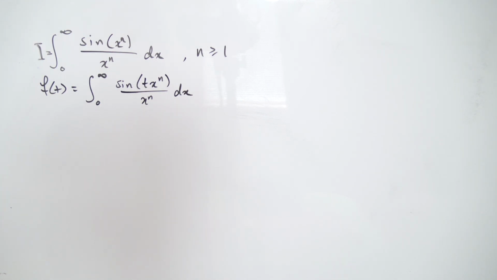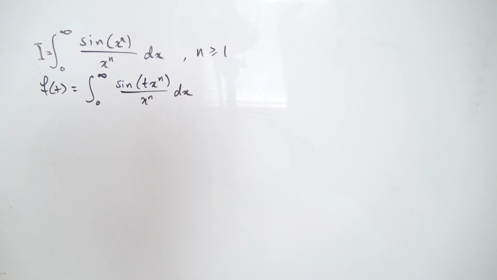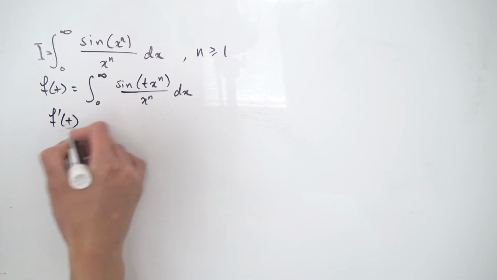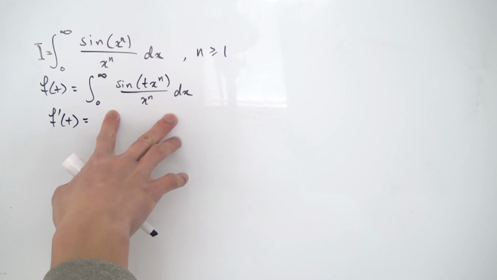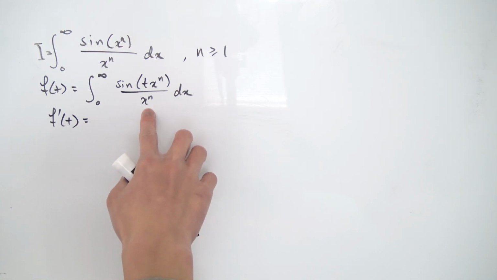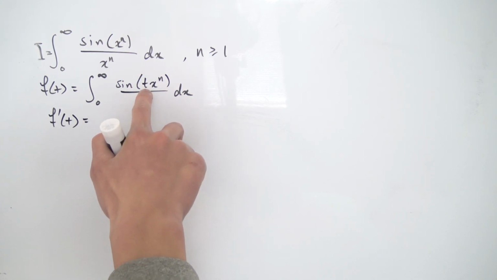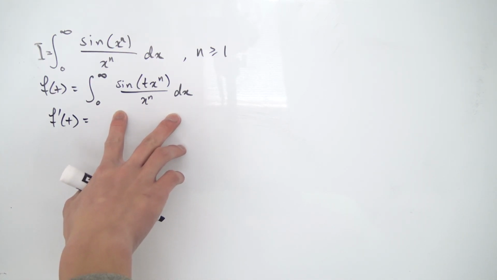Okay, and now what do we want to do with this? We want to differentiate this function f(t), and the reason we're doing all of this is to get rid of this x^n in the denominator using what we have inside of this sine. So if we differentiate with respect to t, that's f'(t) on the left hand side, and on the right hand side we have the derivative of this integral. Remember, this integral is actually in terms of t, because x is our variable and it just disappears in the integration process, leaving us with a function of t.